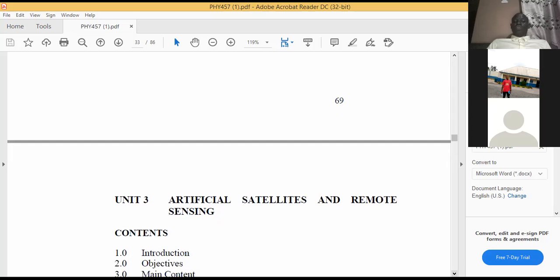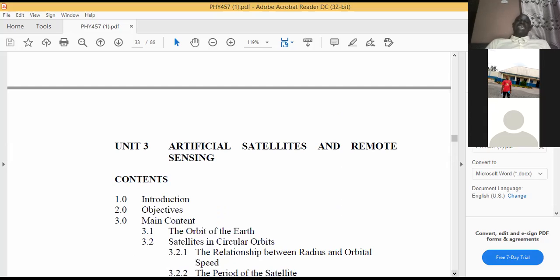But I want you to go through all those things. The points that I've highlighted are points that you must note carefully. Next week, we'll be looking at Unit 3, which is artificial light and remote sensing.